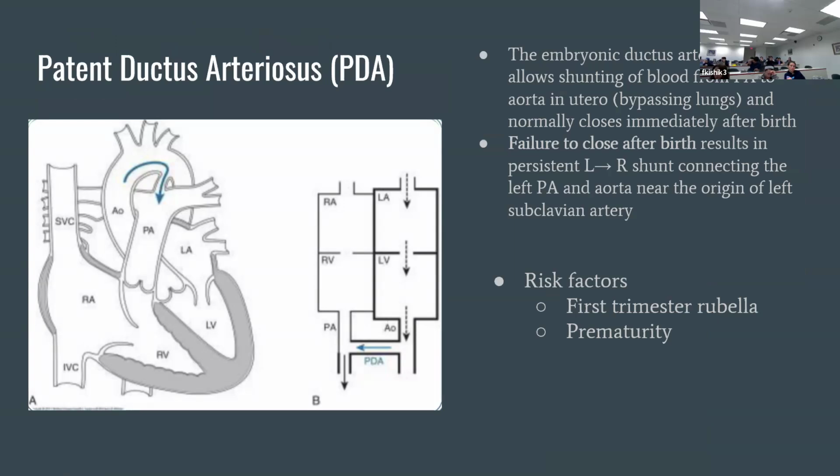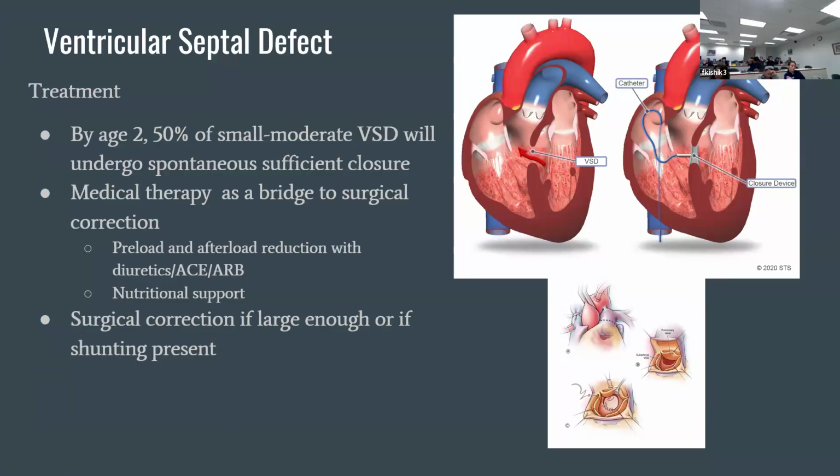You have a question? It depends on how sick the baby is. If the shunt is large enough that they are going to spend time in the ICU as a neonate, they're not going to wait until the age of 2 to see if this will spontaneously close.